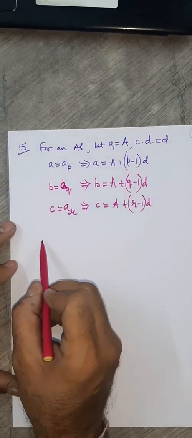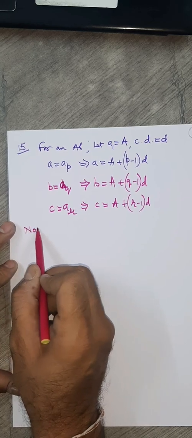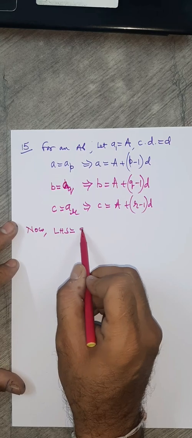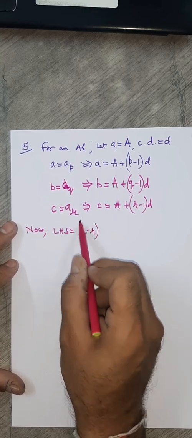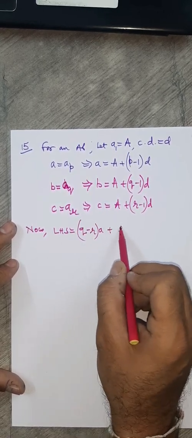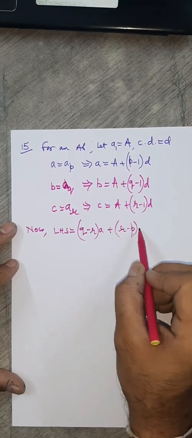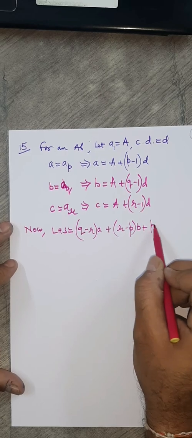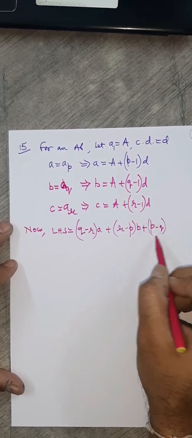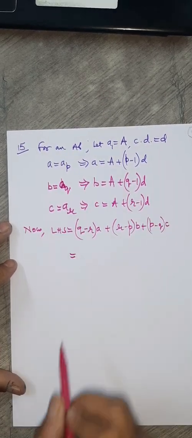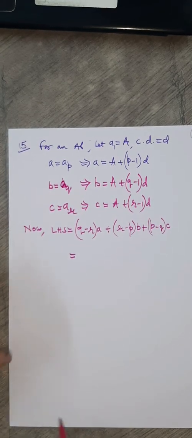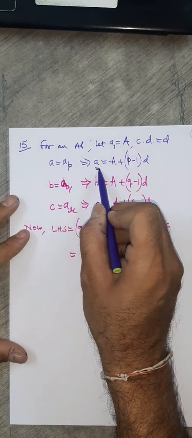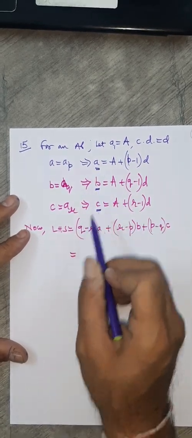Right? Now, very simple. We start with the left hand side of the given expression. What is the left hand side? q minus r into small a, plus r minus p into small b, plus p minus q into small c. We just place the values of a, b and c.